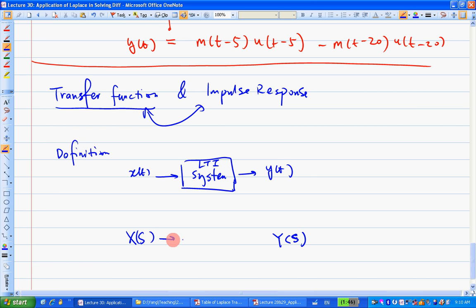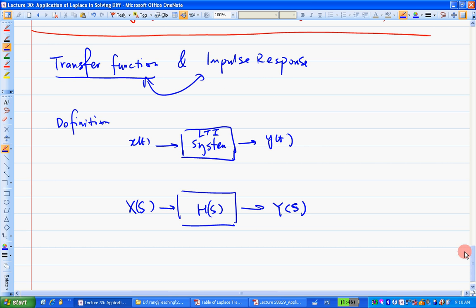When you take the Laplace transform of the input and output, the system itself we can also represent using an s function. We're going to use the so-called H of s to represent the system. This H of s is defined as the ratio between output and input.